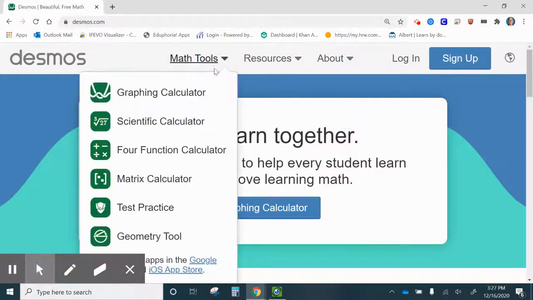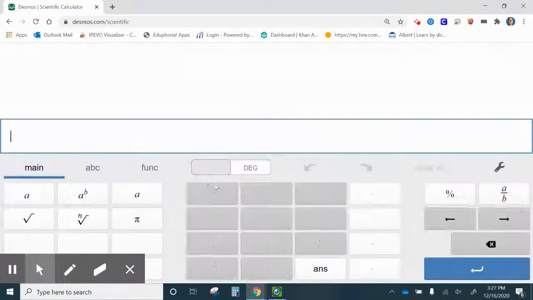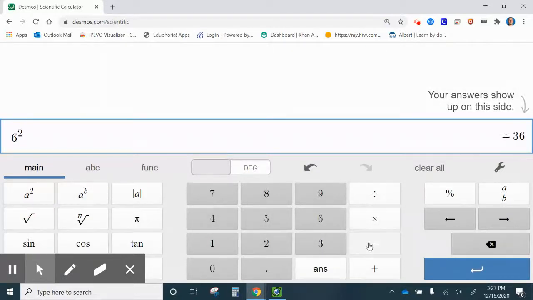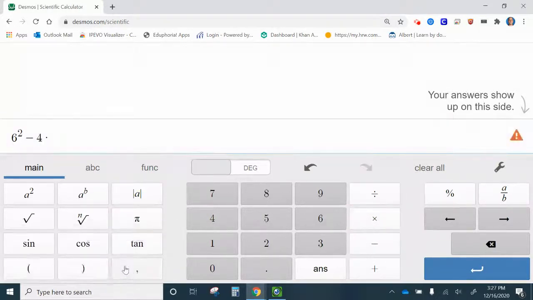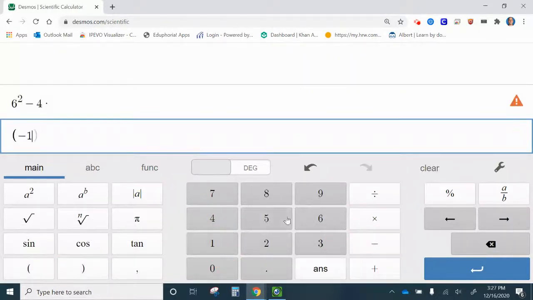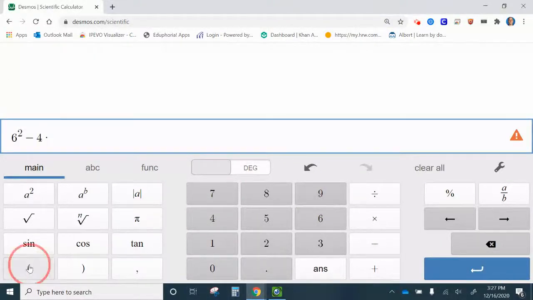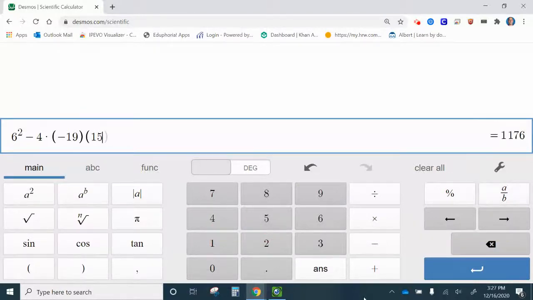Okay, so scientific calculator, 6 squared minus 4 times parentheses negative 19, parentheses 15 is 1,176.